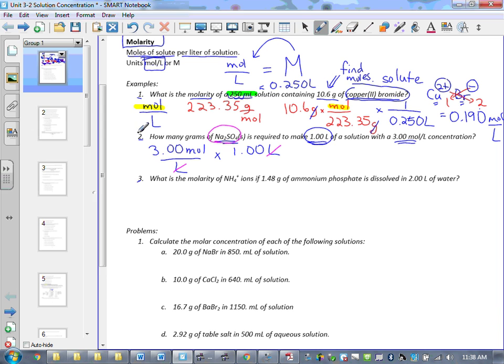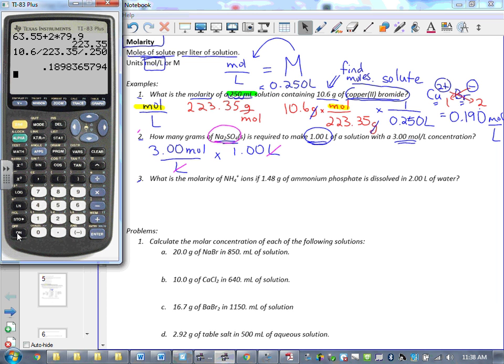So let's get sodium sulfate's molar mass. Katie already knows it, so 22.99, that's the molar mass of sodium, and there are 2 of them. I don't have sulfur memorized. 32.07, so that's 1 sulfur plus 4 times 16, because there are 4 oxygens.